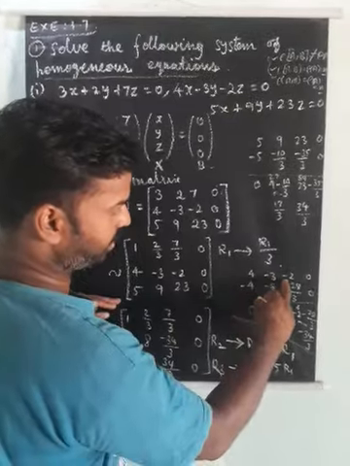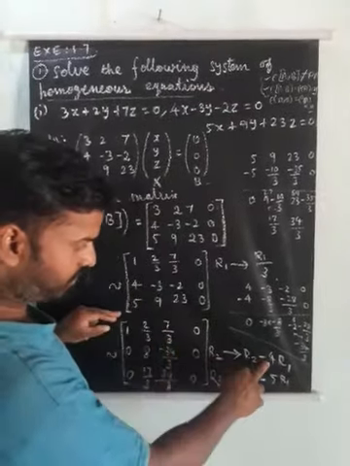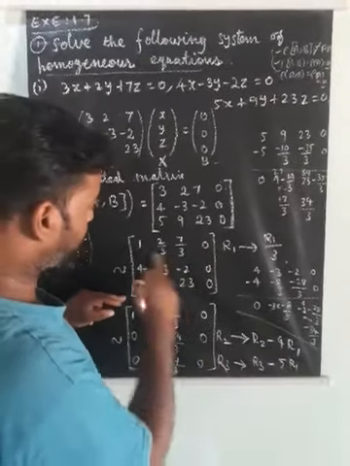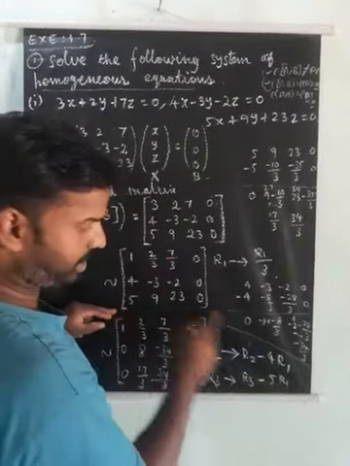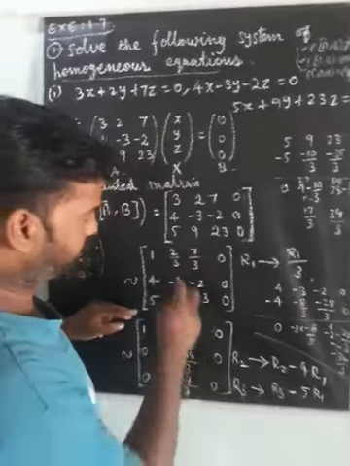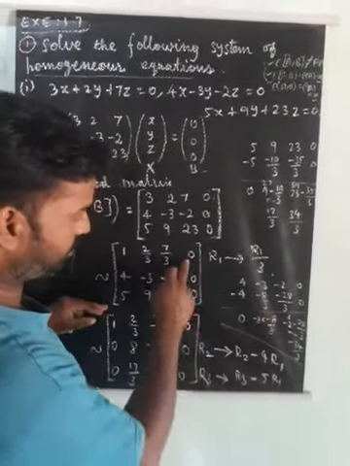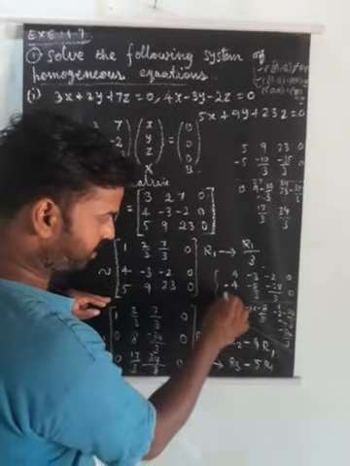Multiplying R1 by -4: 1 into -4 is -4, 2/3 into -4 is -8/3, 7/3 into -4 is -28/3, 0 into -4 is 0. If you add these two parts, we get 0 in the first place.